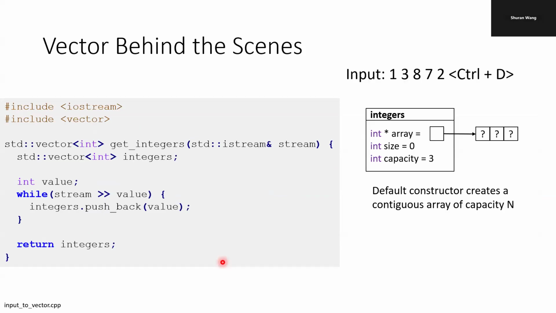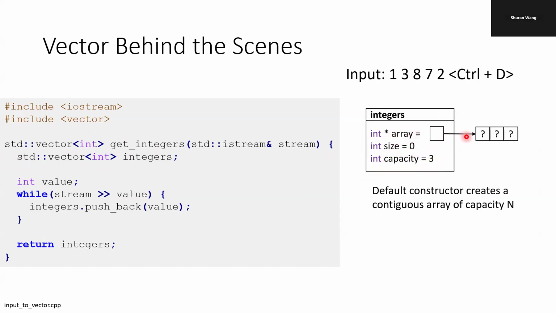So how does the STL implement vectors behind the scenes? We assume that at the default definition of the vector of integers, we create an object with an array, size of 0, and initial capacity of 3.